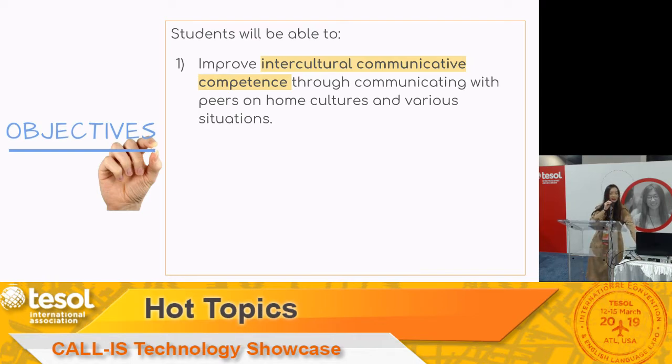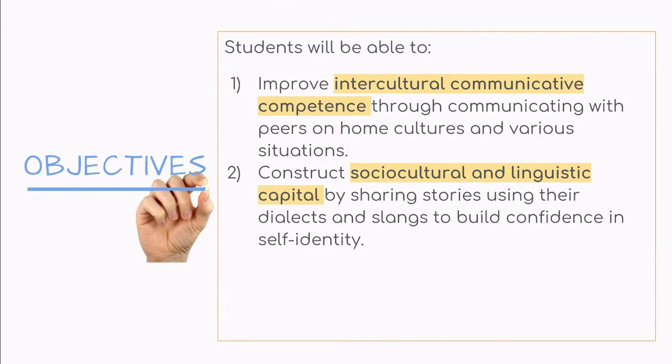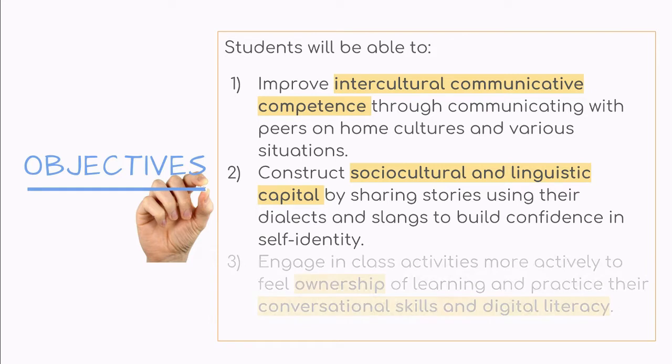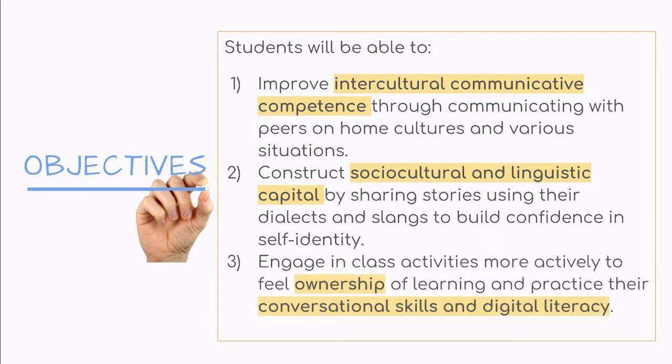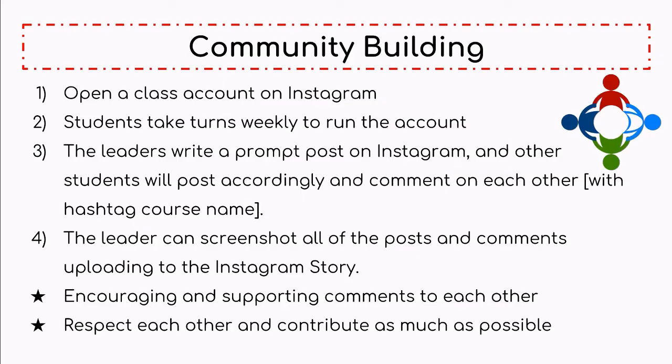And also, students will develop their sociocultural and linguistic competence and their sociocultural and linguistic capital to know and to understand their self-identity and to construct self-confidence in expressing and reinforcing their identities. And lastly, to help students engage in class activities and to have them feel the ownership of learning is very important, so they know I can control my own learning and I can control what I want to post about what I learn.